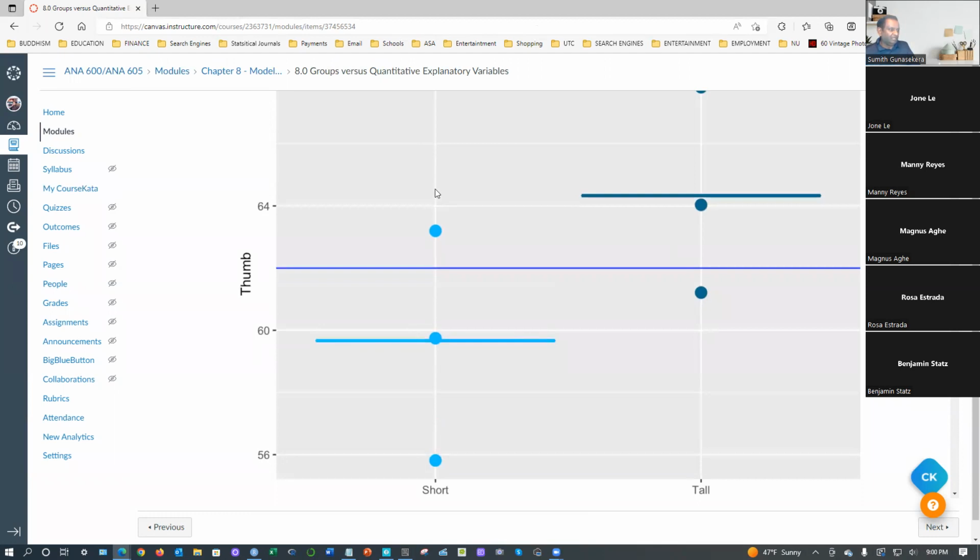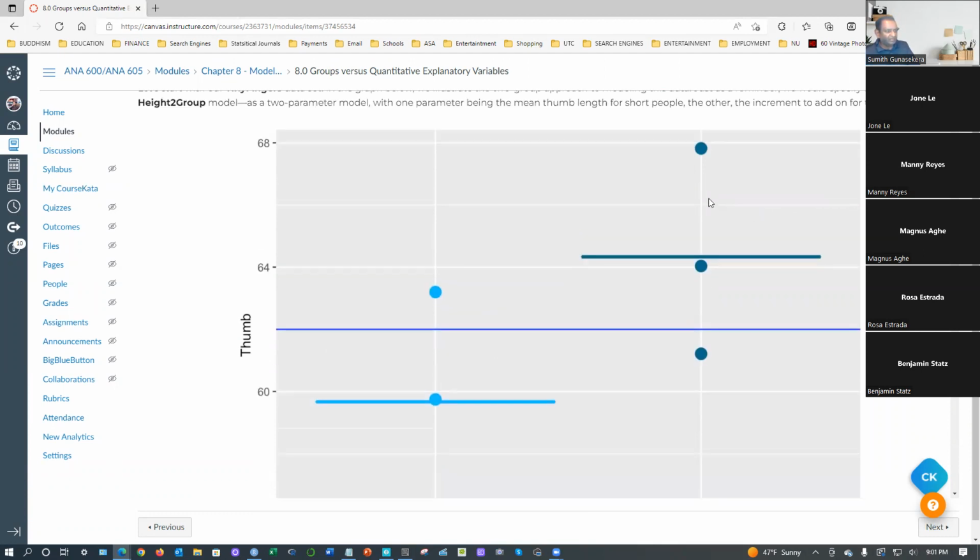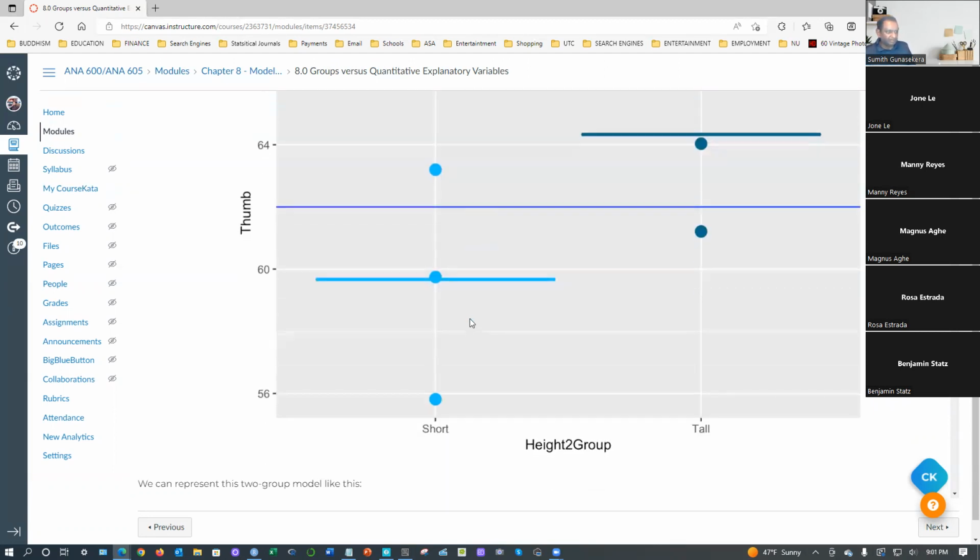On the other hand, what would be the average? The average looks like 65. Let me check this. You have 56 plus 60 plus 63, that gives 59.6666, so almost 60.